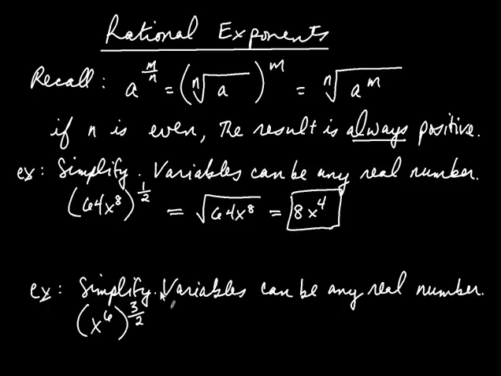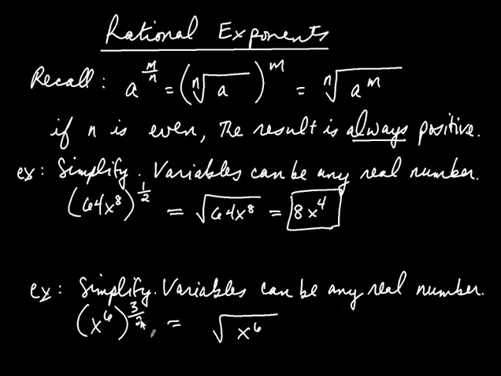Like in this example, let's simplify. The variables can be any real number once again. The first thing I note is that as far as my rational exponent is concerned, the denominator is an even number, and that means the result has to be positive. So I'm first going to write the square root, and then I'm going to raise to a power. It's going to be the square root of x to the 6th, right?